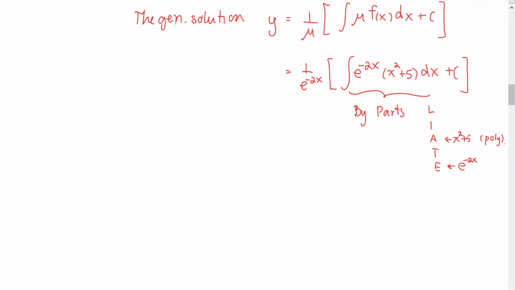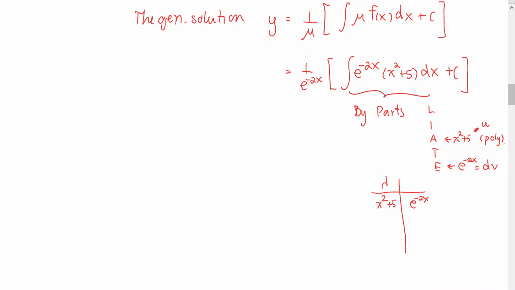We are going to use the tabular integration by parts to help us find the antiderivative. As u, x squared plus 5 on the left column, e to the -2x as the dv on the right column.